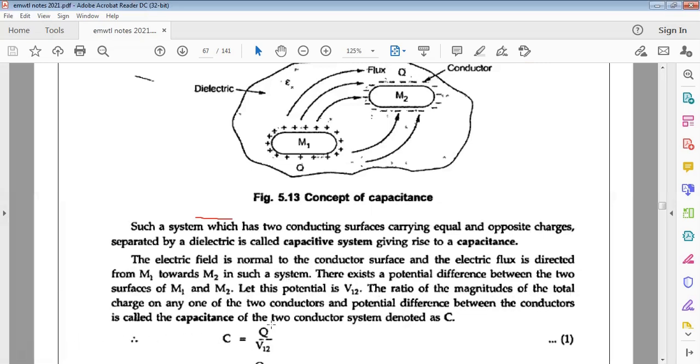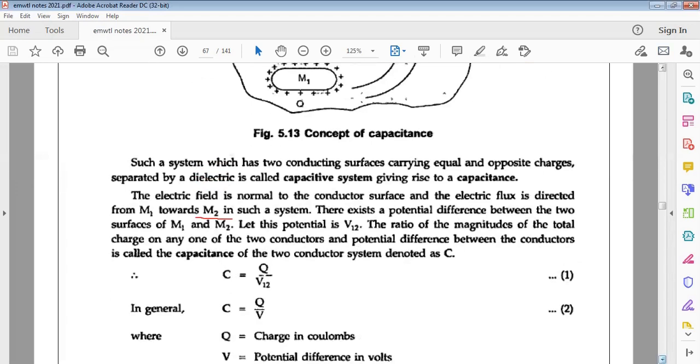The charge is Q, either the positive or the negative charge, the magnitude is Q only. And the potential difference between the two conductors is V12. The ratio of these two is C is equal to Q by V12.